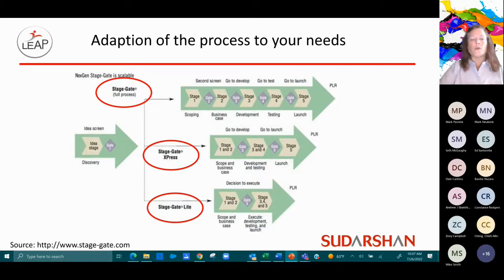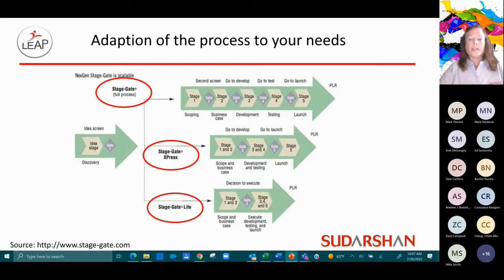However, if a simpler process is required, there's a stage gate express where stage 1 and 2 are combined, as well as 3 and 4. And there are only 2 gates to go through. And then finally, there's also a stage gate light process where stage 1 and 2 are combined, as well as stage 3, 4, and 5.